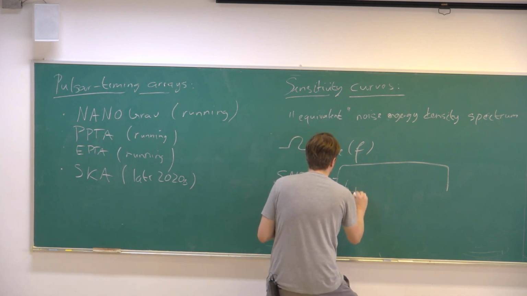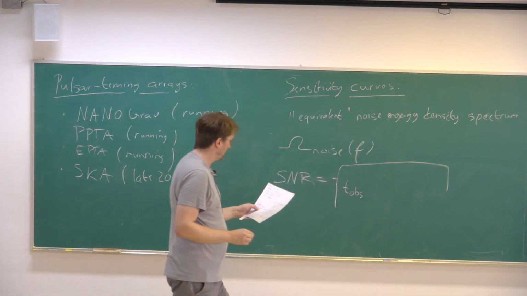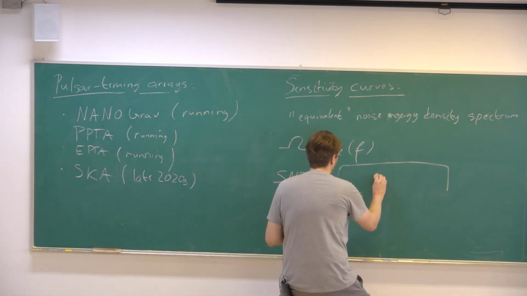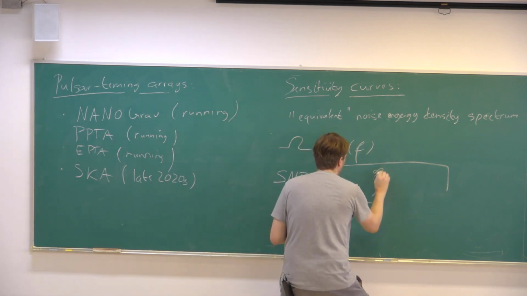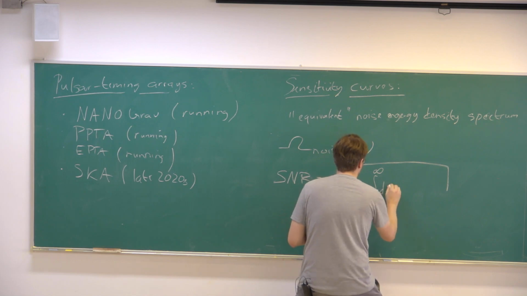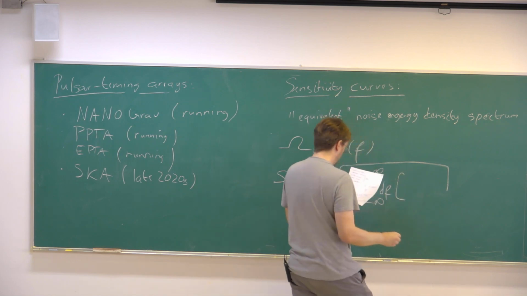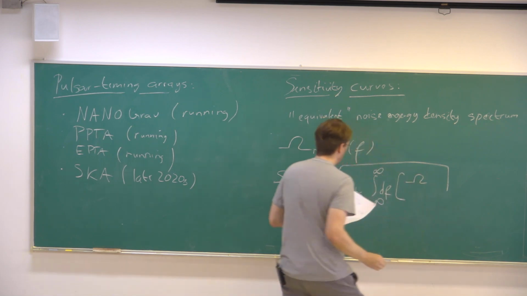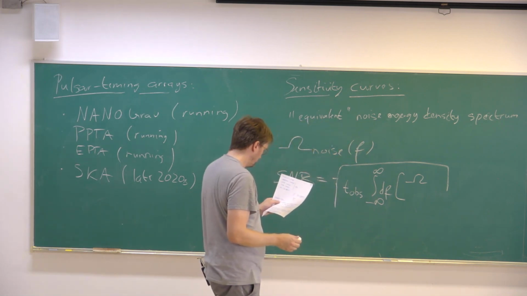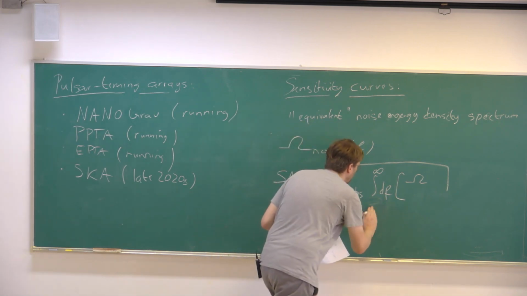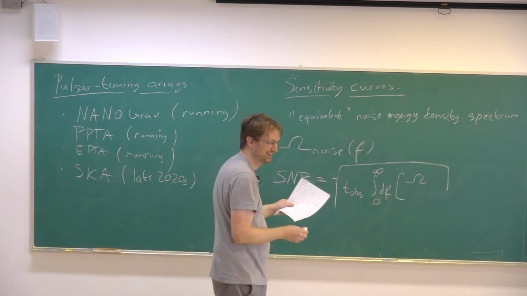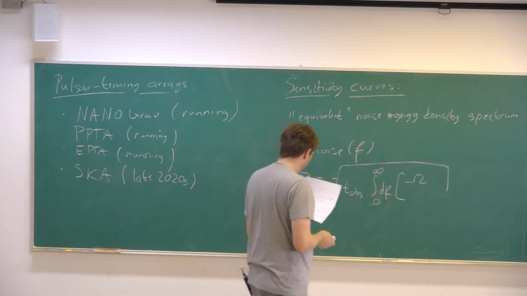It's the square root of the observation time, and then you integrate over the frequencies. The frequency cannot be negative, you're right, so it's probably zero here.